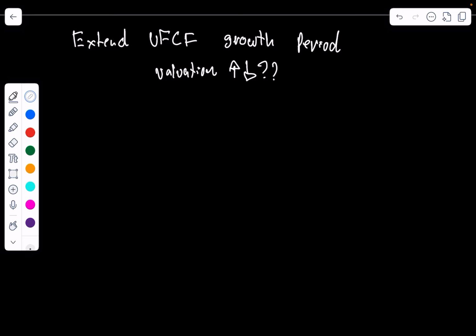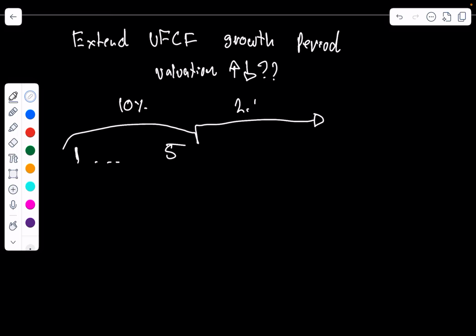And I want you to think about this kind of logically, right? If we have a company that we assume from years 1 to 5, it's growing at 10%. And then from here on forward, it's growing at 2.5%, right? That's one scenario.